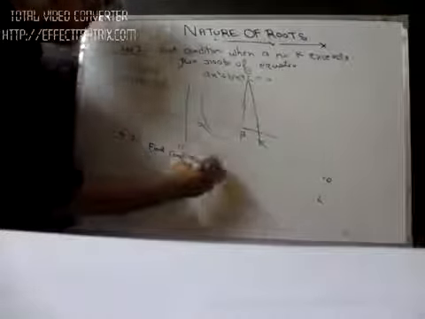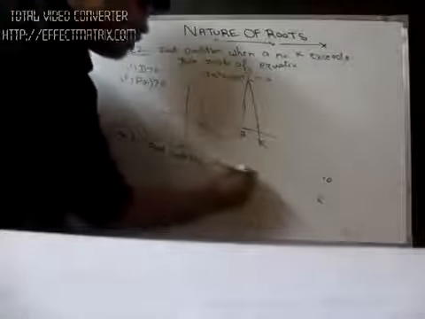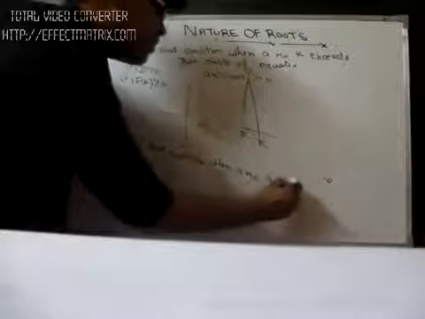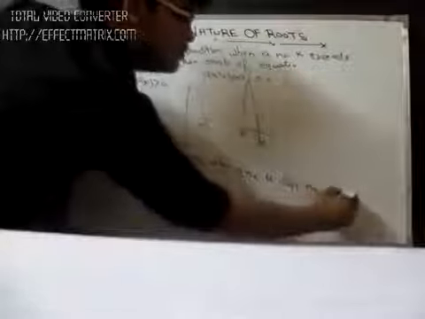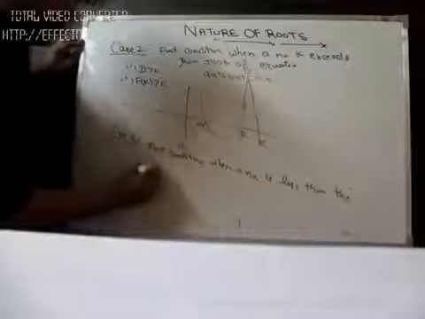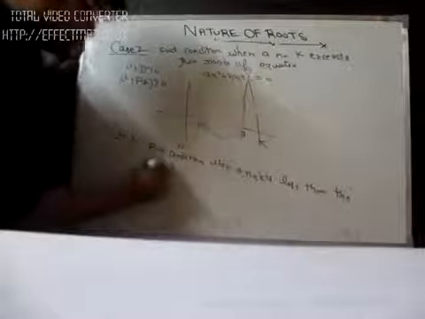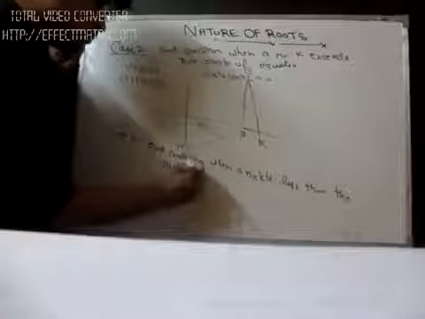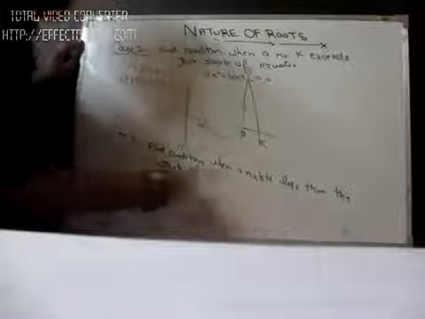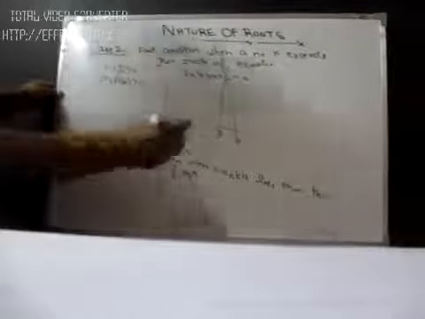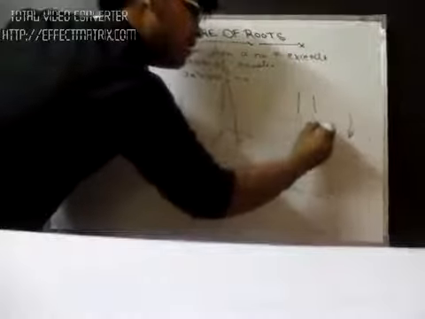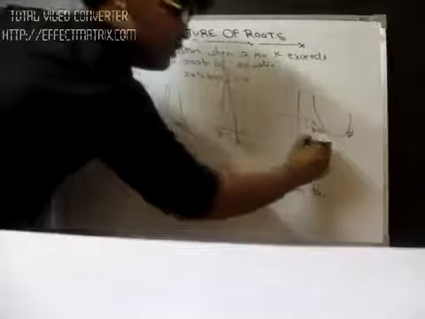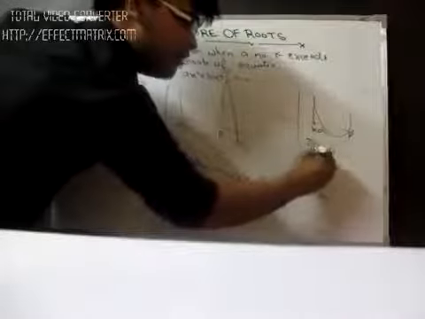Same case, alpha comma beta, a number k is less than that, so D is greater than 0 and the value of the function f of k is also greater than 0.